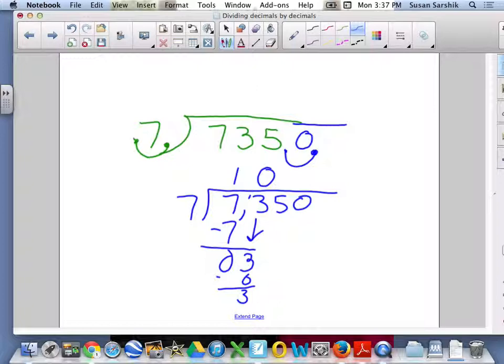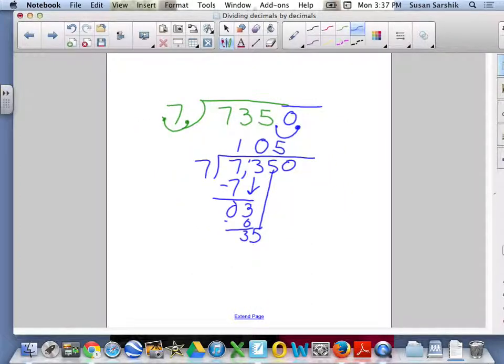I'm now looking at bringing down the 5. 7 into 35 is 5 times. Multiply it out. I bring down the other 0. I have 0. So the answer to my problem, how many 7/10ths go into 735, would be 1,050.